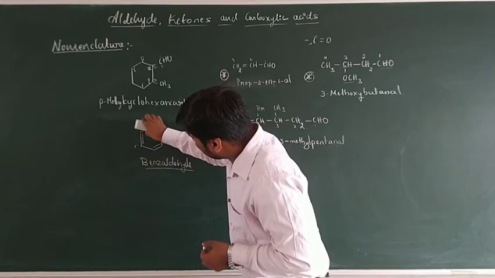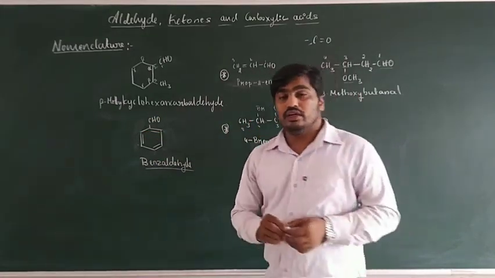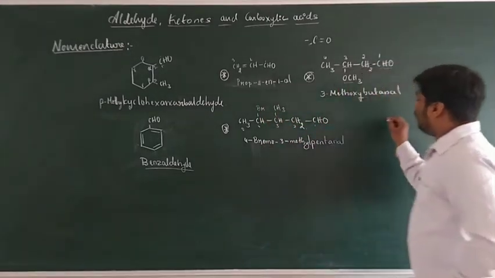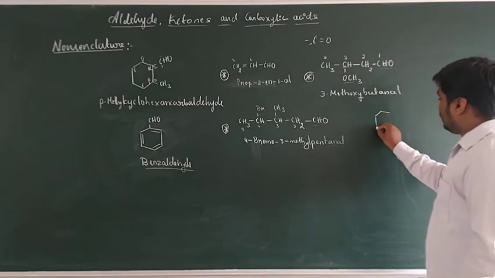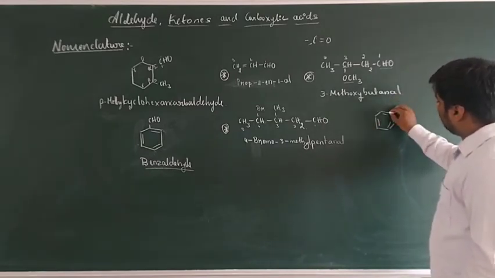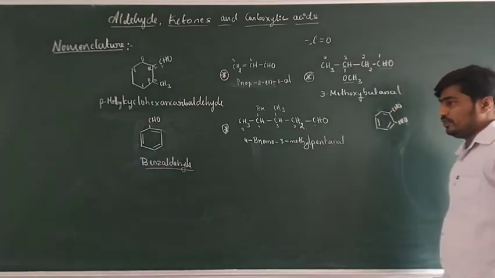Next, in the case of aromatic compounds, we observe 2 more different compounds. One such compound is the benzene containing 2 aldehyde groups, CHO, CHO.